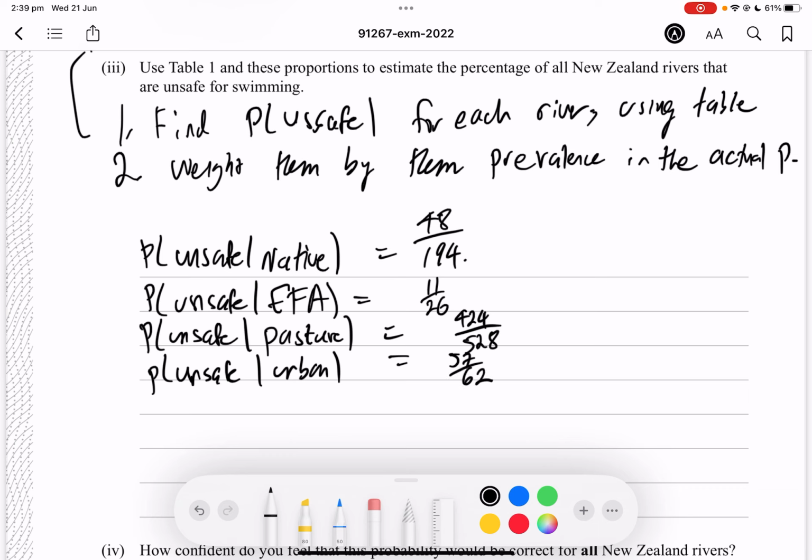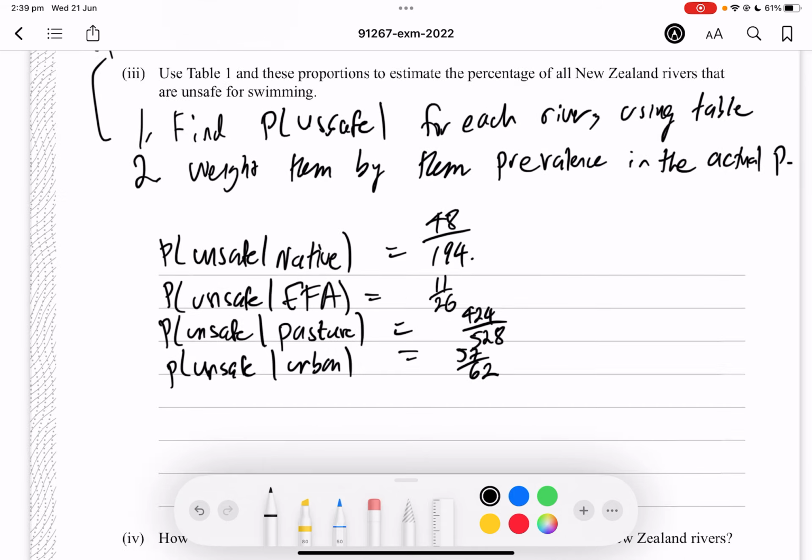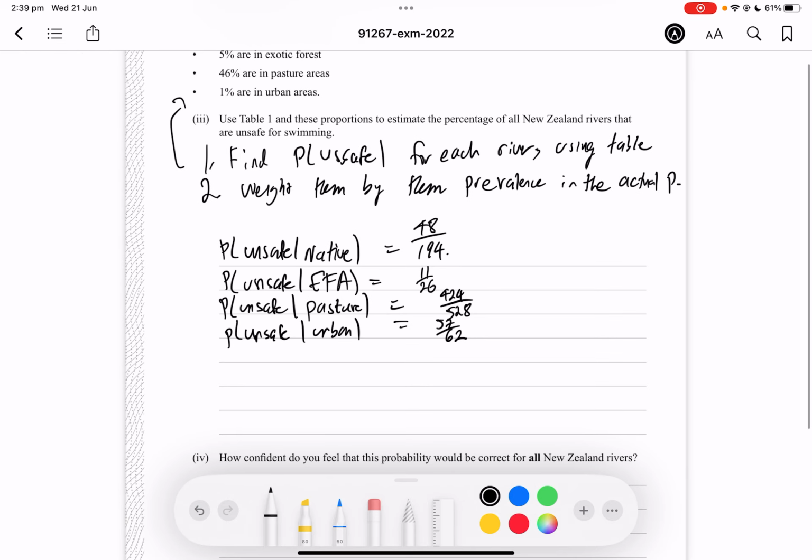And that will be all the probabilities calculated. Now we just need to weight them by the prevalence in the actual population. So P(unsafe) is equal to the sum of the prevalence multiplied by the probability that it's unsafe given that area.